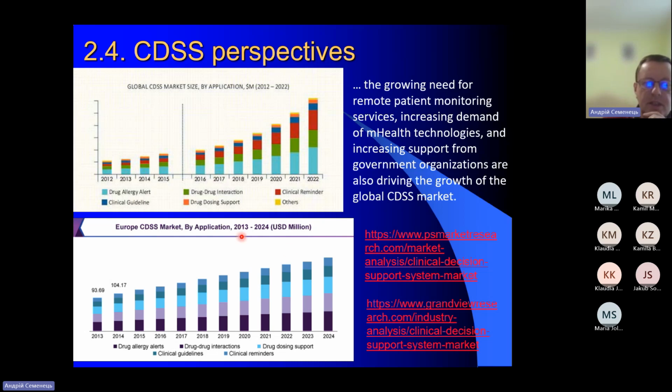As you can see from this chart, the major areas of activity are allergy alert components and rules, then clinical reminders and drug-drug interactions.